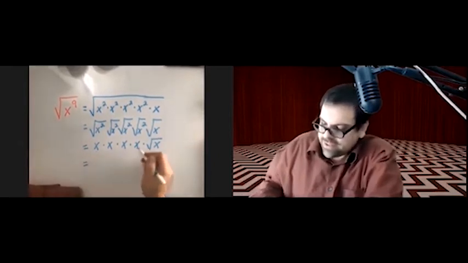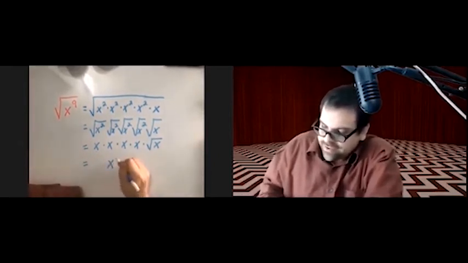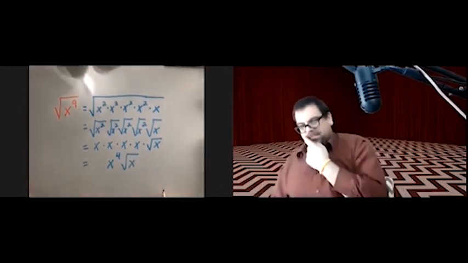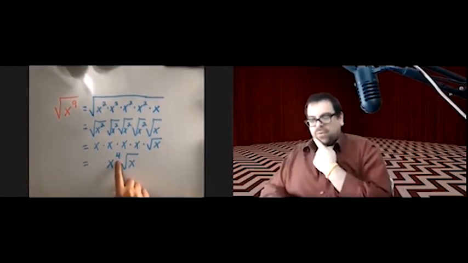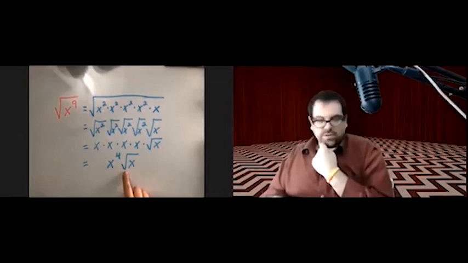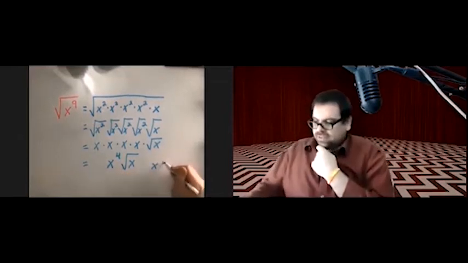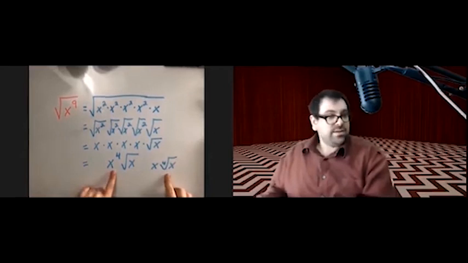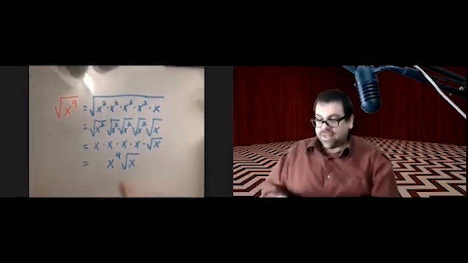X times x times x times x is x to the 4th times the square root of x. Be careful that that 4 is part of the x and not making this look like a 4th root. X 4th root of x looks very similar to this, but it's not this. It's x to the 4th.